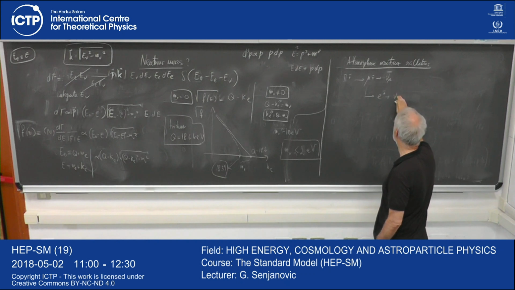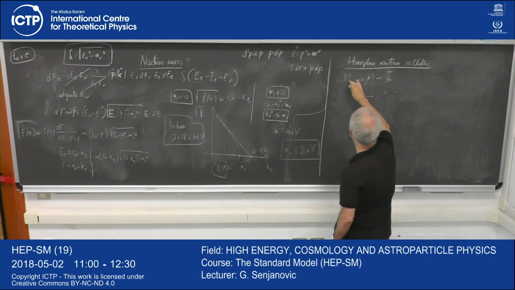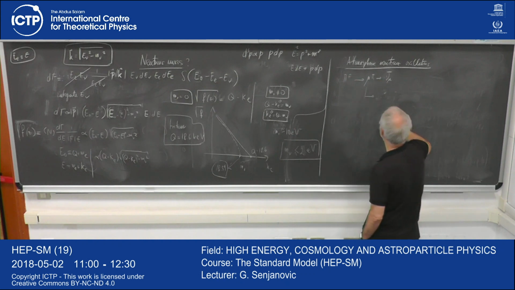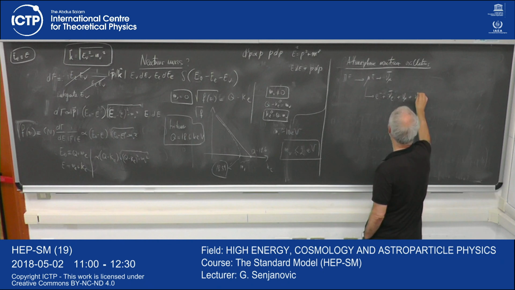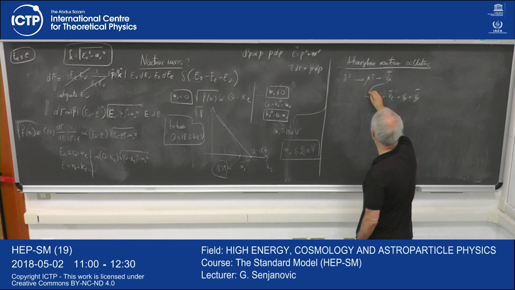Okay, why don't we write that? So if I want this notation, then this is ν bar. Let's keep 1. And the same for plus. So this will give me an electron plus ν_e bar plus ν_μ plus ν_μ bar. This together.